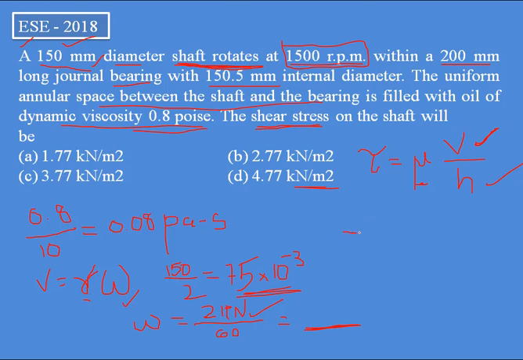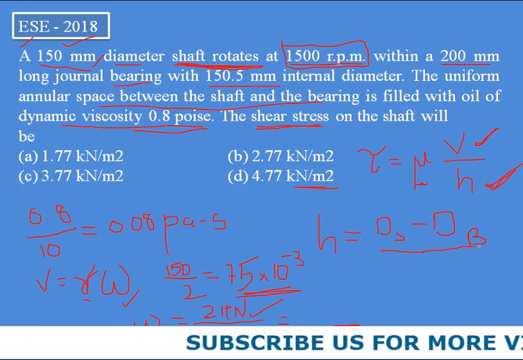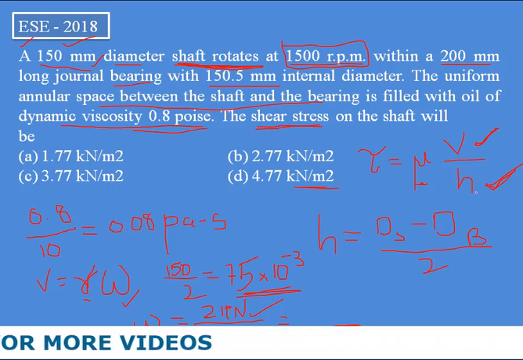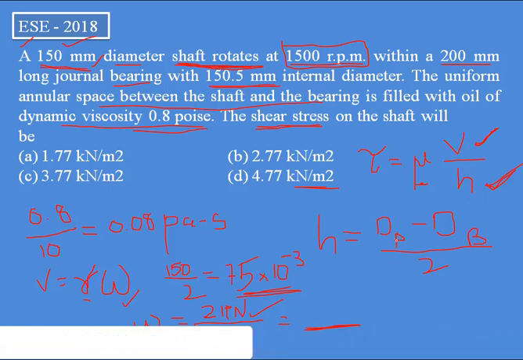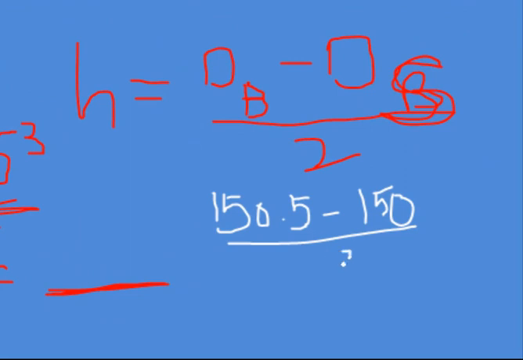And coming here, substitute all the values, and coming to this h, okay, h is equal to D1, which is the diameter of the bearing, minus d, the diameter of your shaft, divided by 2. Thus we get the height we require. So 150.5 minus 150, divided by 2.